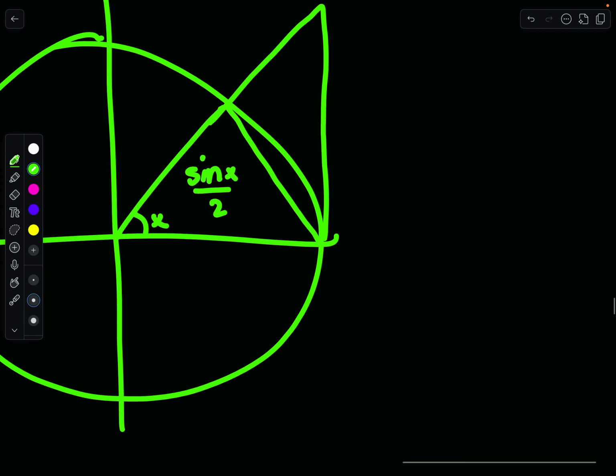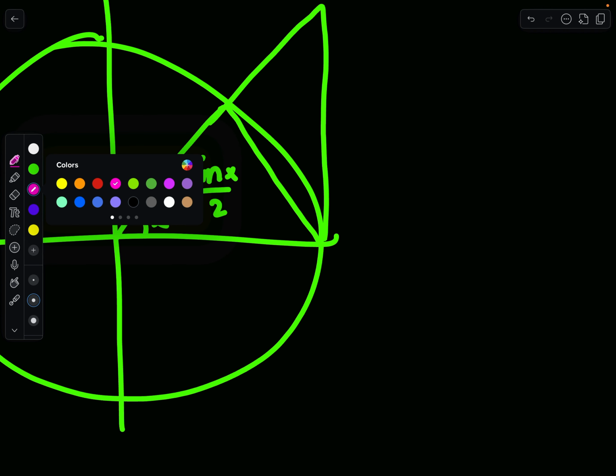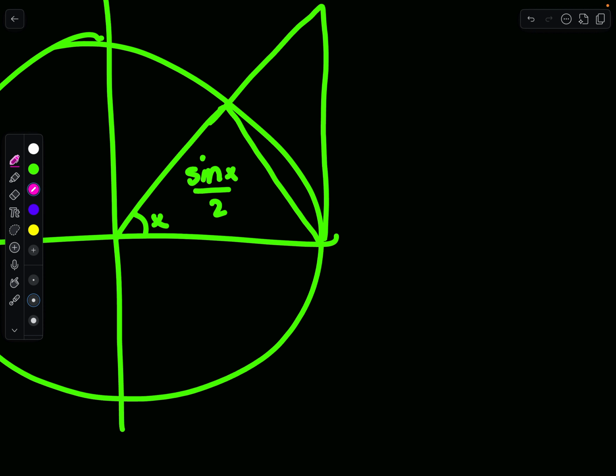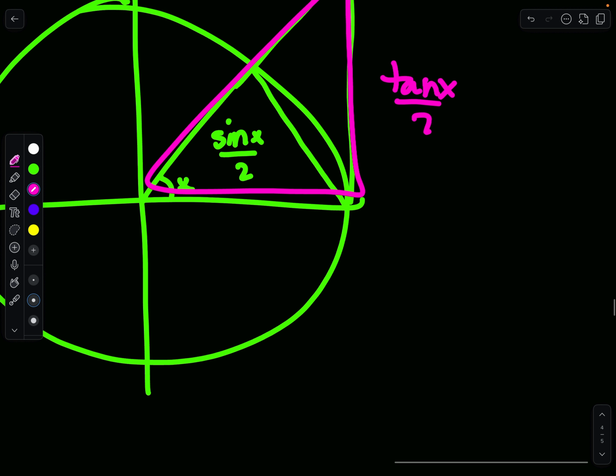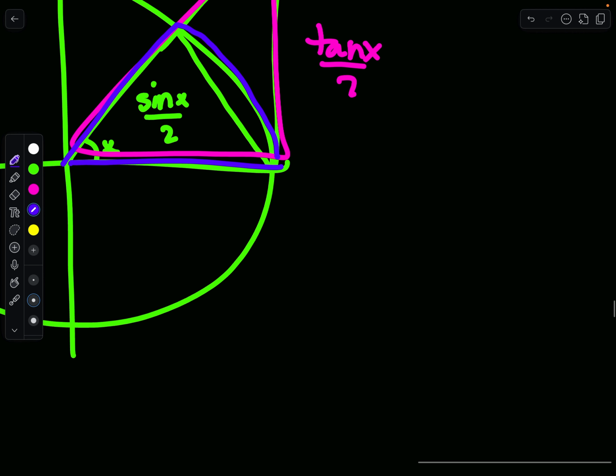This large triangle, I'll put it in pink, has area equal to tan x over 2, because this value here is equal to tan x. And I'll put this one in purple. This right here, this sector, the area of that is just equal to x over 2.